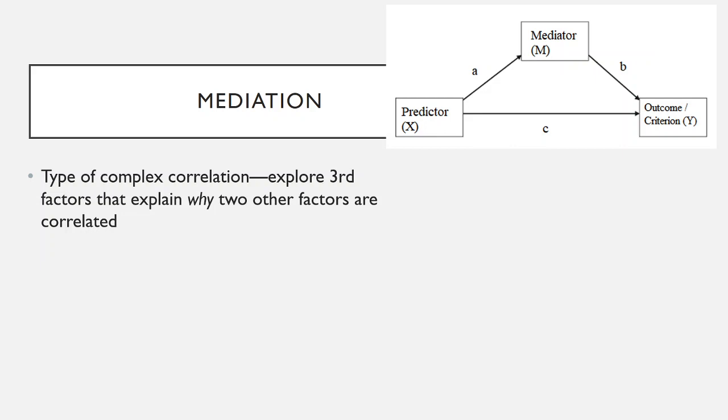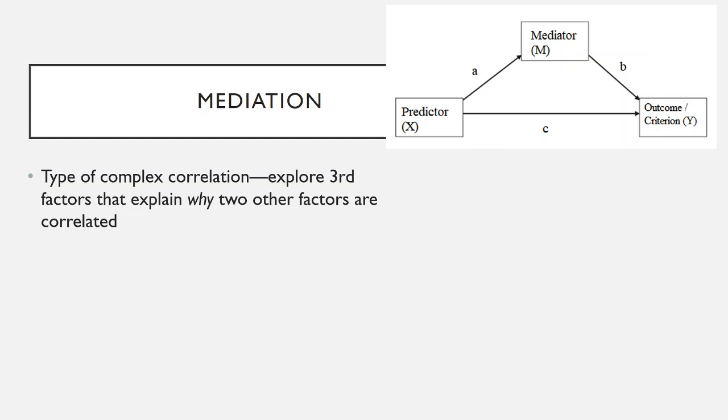Now, mediation, like moderation, is a type of complex correlational relationship. And like moderation, it does explore third factors. But what's critically conceptually different is how the third factor impacts the variables.